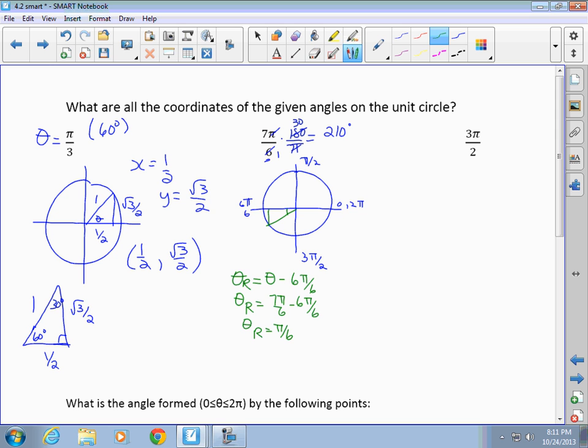If you left this in degrees, I would have my reference angle is equal to the measurement of my angle, which was 210 degrees, minus my 180, which gives us 30 degrees. So either way, you could do it as a pi over 6 or as a 30.